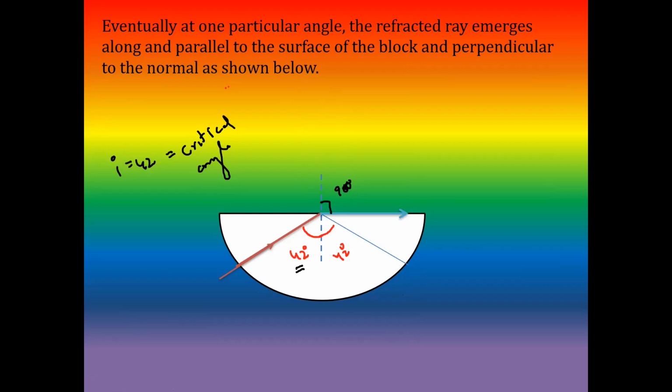So for example, when the light is moving from a high density medium to a low density medium, what are the things we observe?